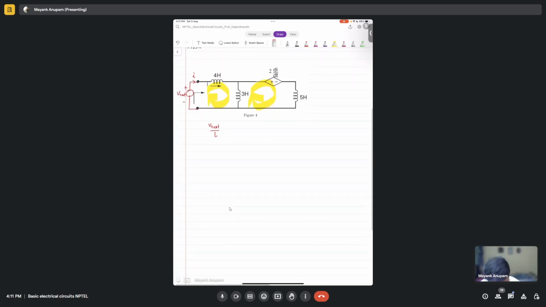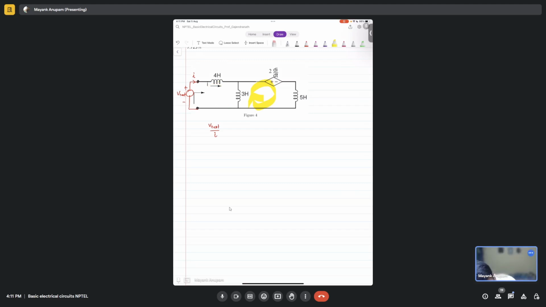Correct. Fine. Now, once I find the loops, I also need to assume a loop current, isn't it? For the loop, yes. So what should I call this loop current? Anyway, this here is I, so I will assume that this loop current is I itself, in this direction.